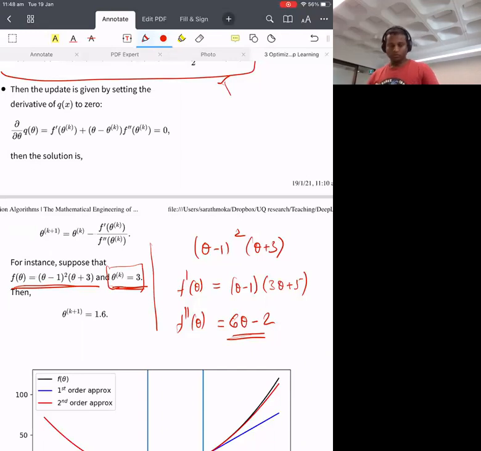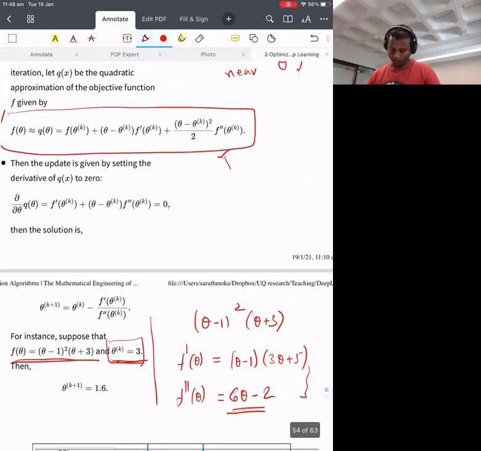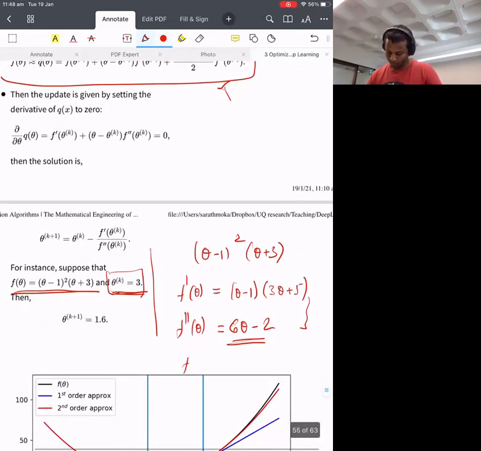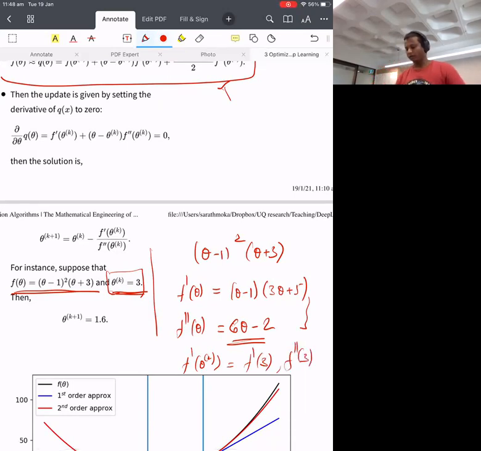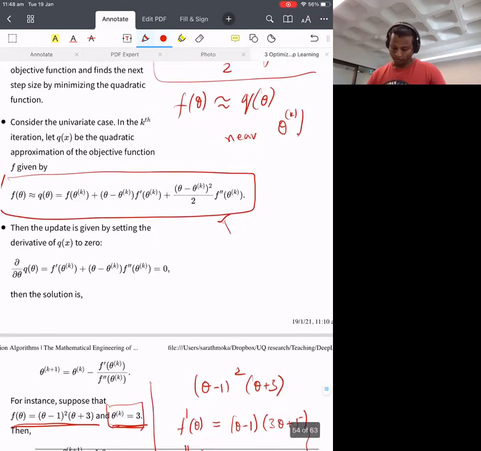Okay. Once you get these expressions, you just need to substitute theta k. That will be f prime of 3, and similarly you compute f double prime of 3, and once you have them, you can substitute into this expression.